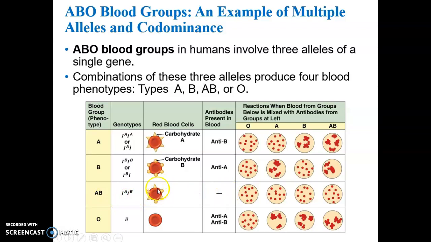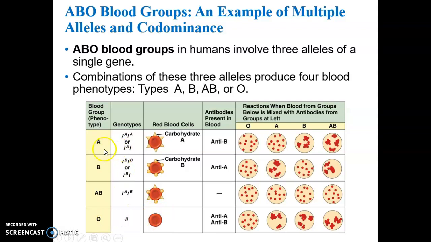In other words, your red blood cells have both the A and B red blood cell surface molecules present. However, if you're blood type O, that means you do not have the A and you do not have the B allele. So phenotypically, you do not produce any red blood cell surface molecules. So then you are blood type O, right?